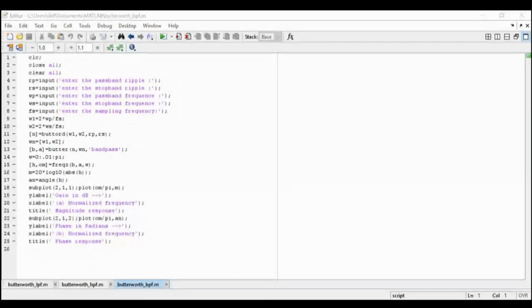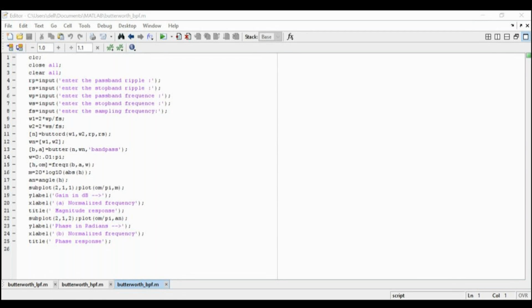Next, let us come to the Butterworth band pass filter. The same program will work for the Butterworth band pass filter also. So this is a Butterworth band pass filter program. For the same input parameters, you need to give RP, RS, omega P, omega S, and Fs.